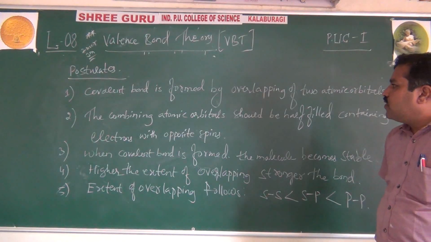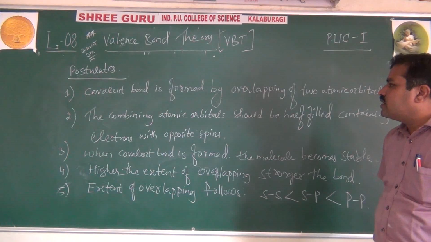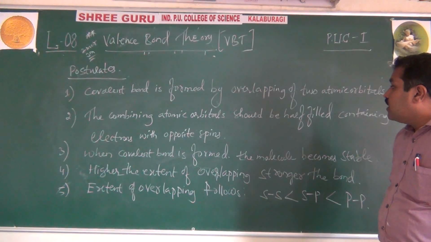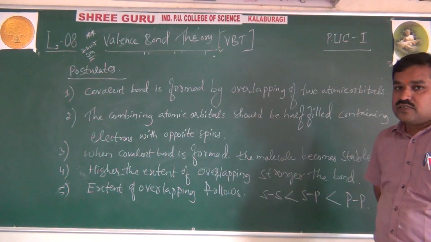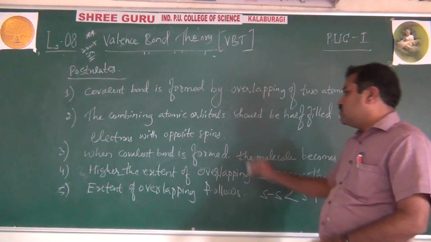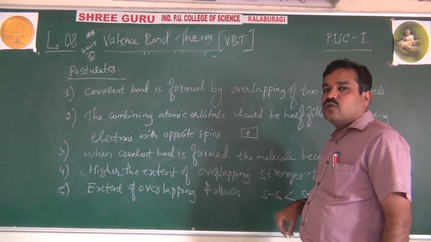Remember, how is a covalent bond formed? It is formed by overlapping of two atomic orbitals, and those two atomic orbitals should be half-filled, containing electrons with opposite spins. That means they should compulsorily be half-filled according to Hund's rule.